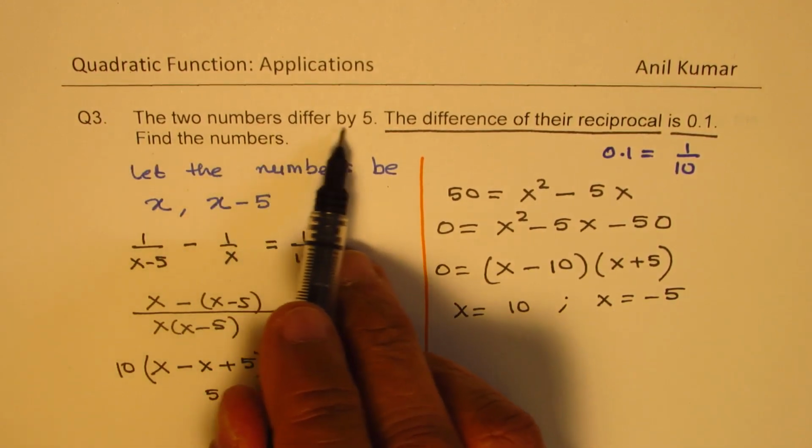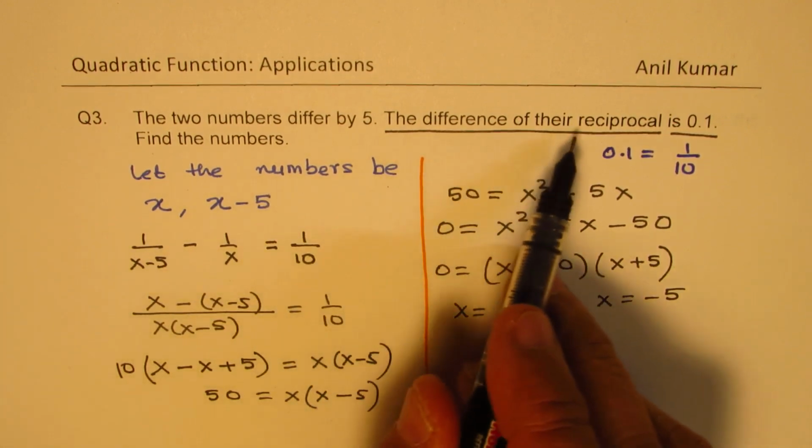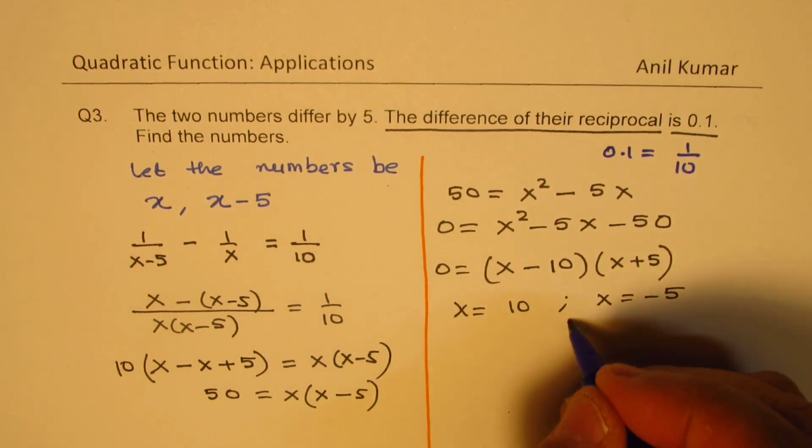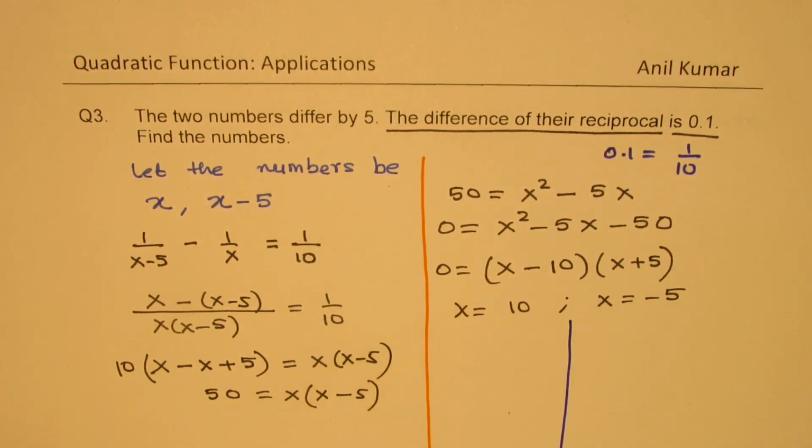The two numbers differ by 5. The difference of their reciprocals is this much. So those are the two numbers. Now we are not saying whether these numbers are positive or negative. So both are relevant answers, correct? Both are possible solutions for this situation. So find the numbers. One combination could be when x is 10, right?